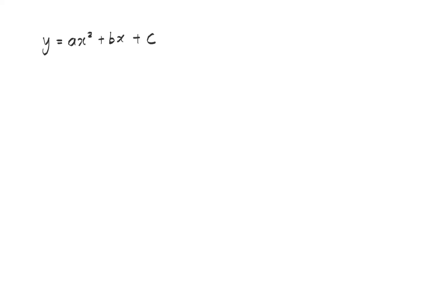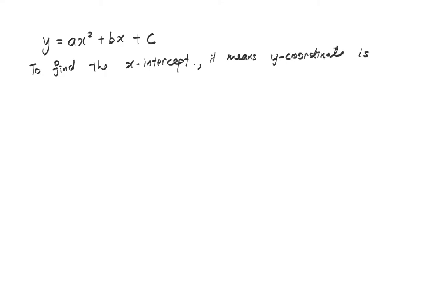If you have a quadratic in general form and you want to find the x-intercept, that means you have to put the y coordinate as 0. Am I right? Sorry.